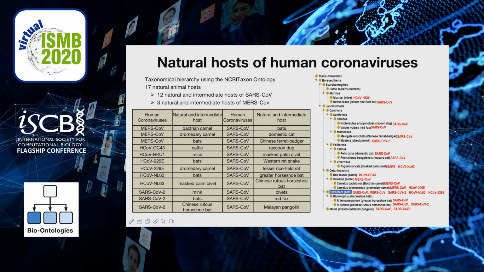NL63's natural host, the bat, is known, and OC43 infects humans and cattle. HKU1 is currently suspected to be a rodent-related virus, originally obtained from infected mice.